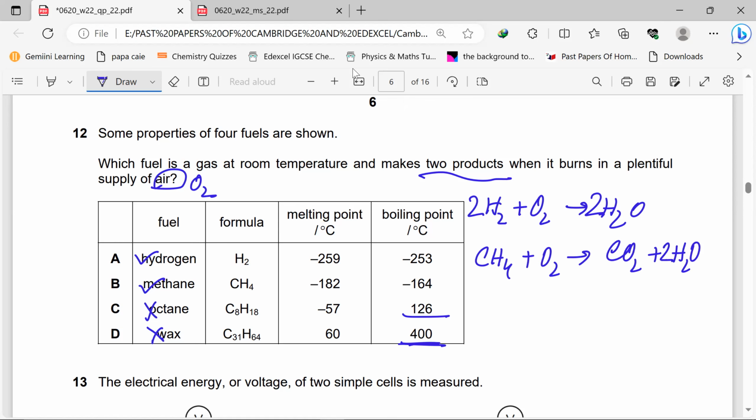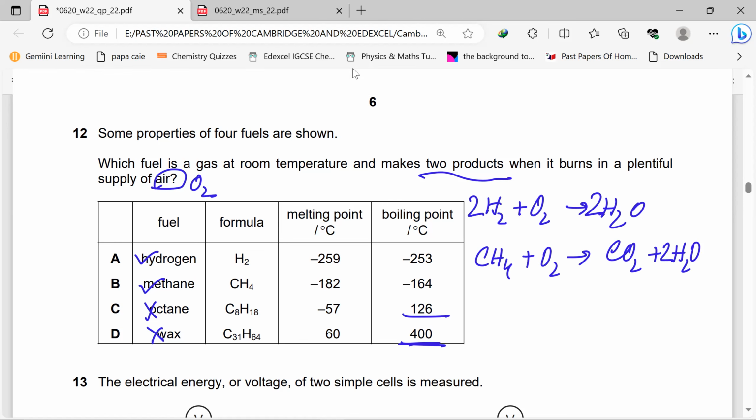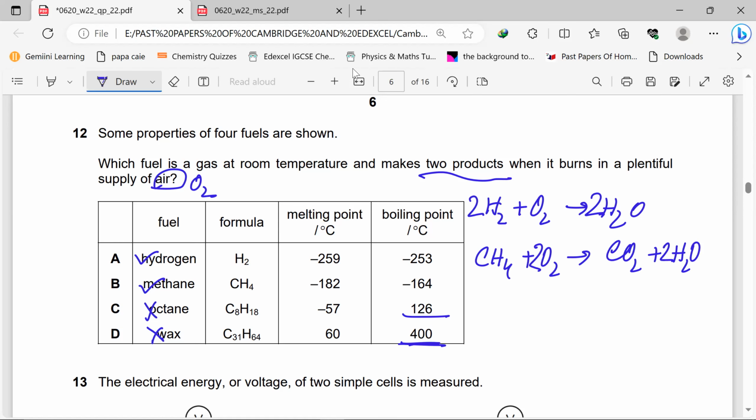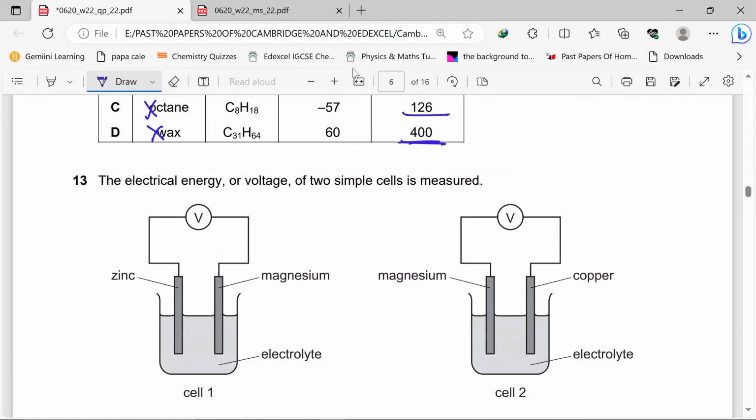You need to balance it. If you want to balance, you can, but for this purpose we don't need to. 2 oxygen and 2 oxygen, 4 oxygen. So you just balance it. So B is the only correct answer, because it is giving you 2 products. So 12, B is the only correct answer.